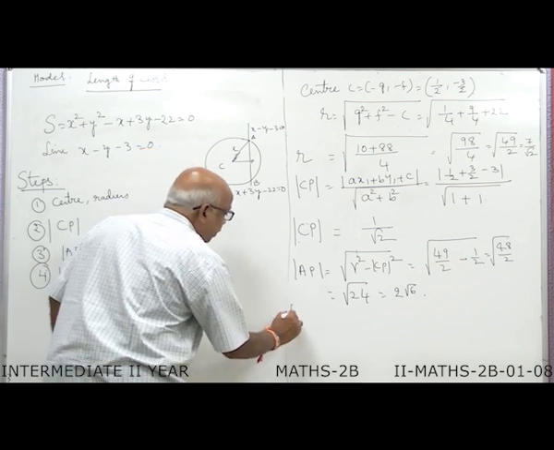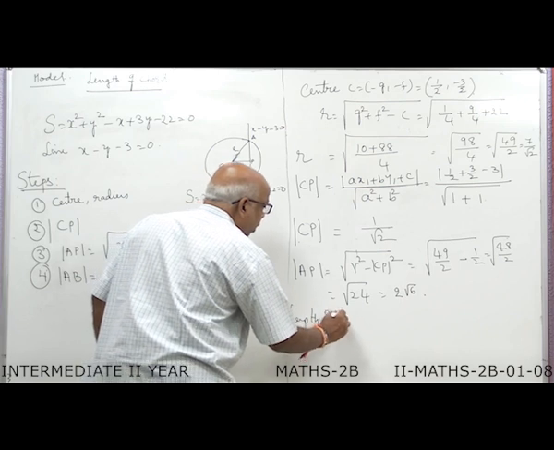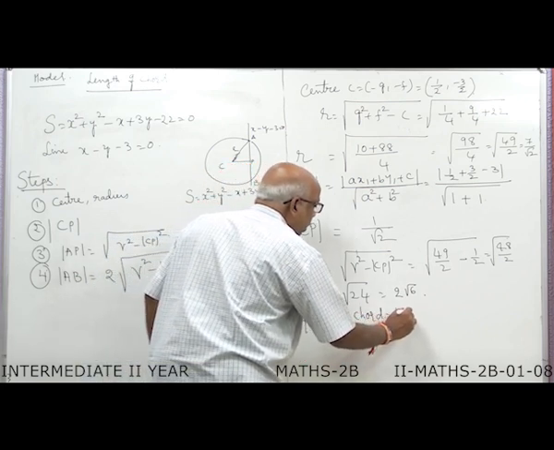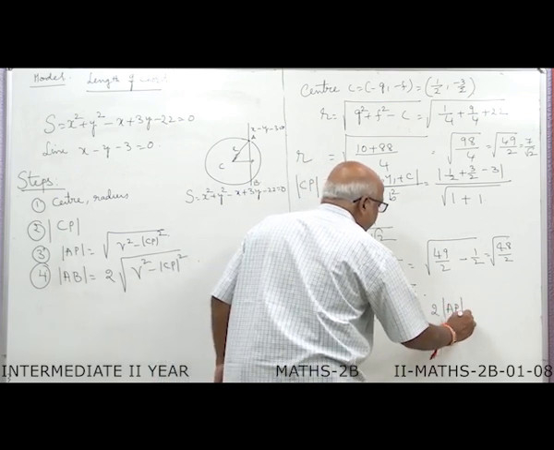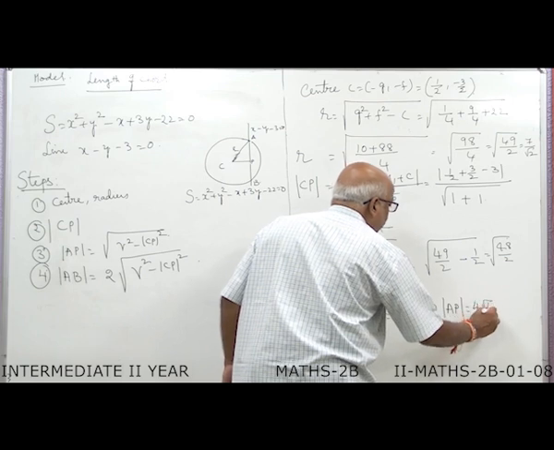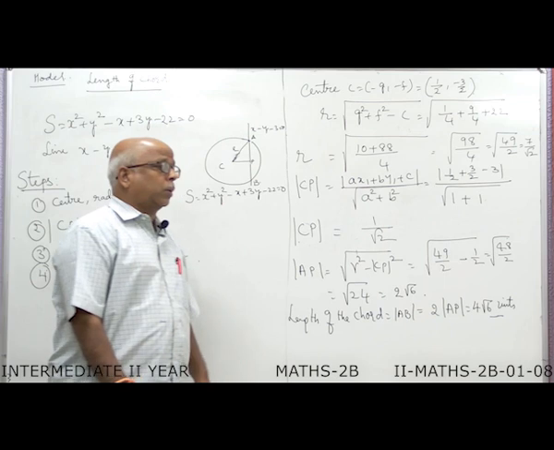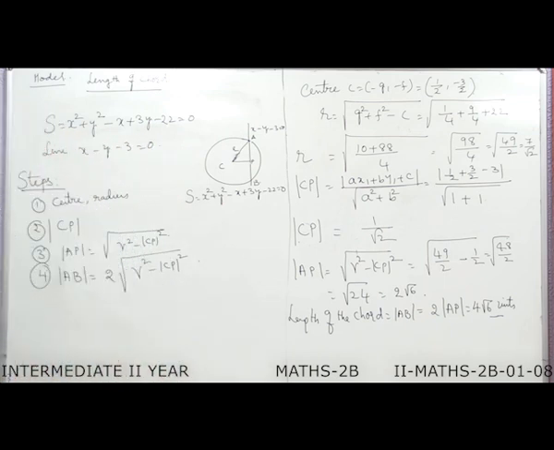Then length of the chord AB equal to 2 into mod AP, which is equal to 4 root 6 units.